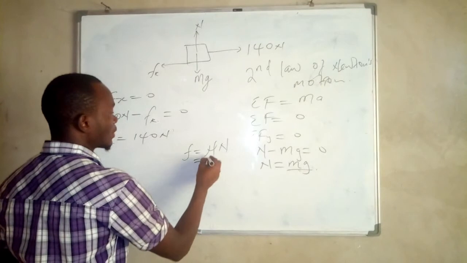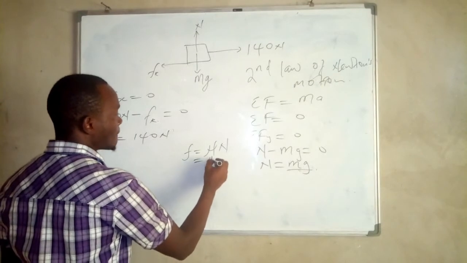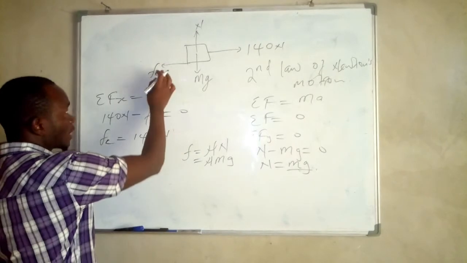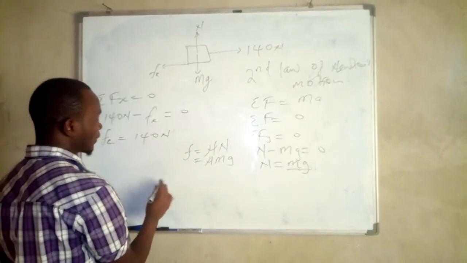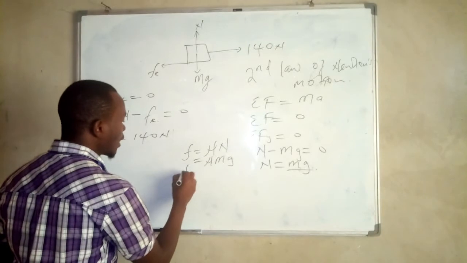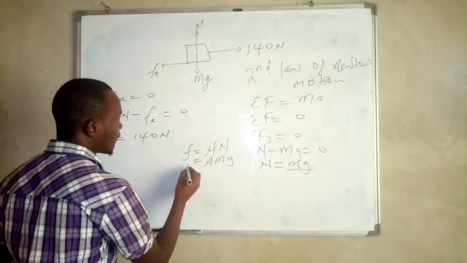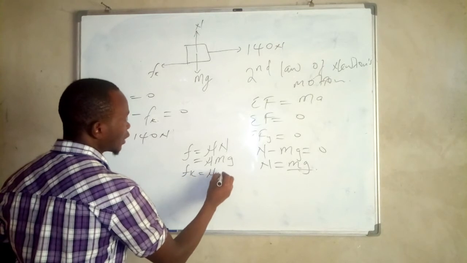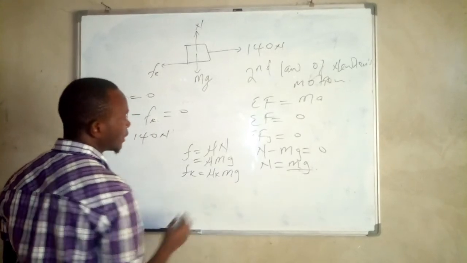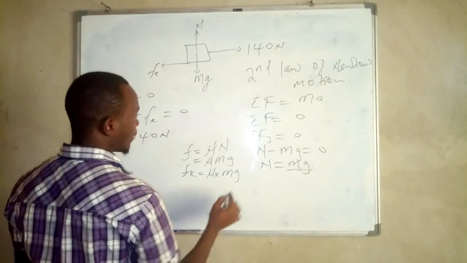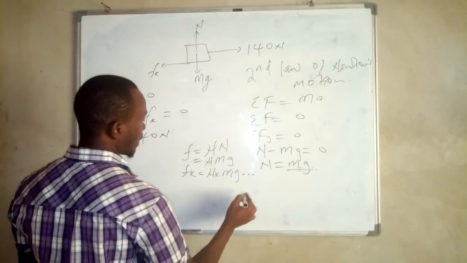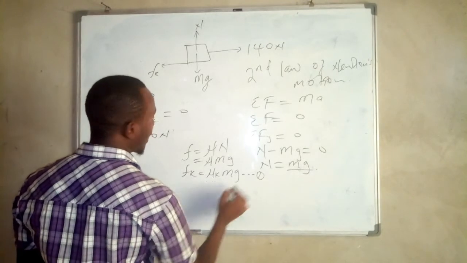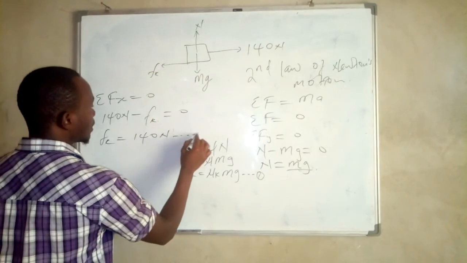So this is mu mg, and because this is the force of kinetic friction, the friction force is equal to the coefficient of kinetic friction times mg. Let's call this equation 1, and let us call this equation 2.